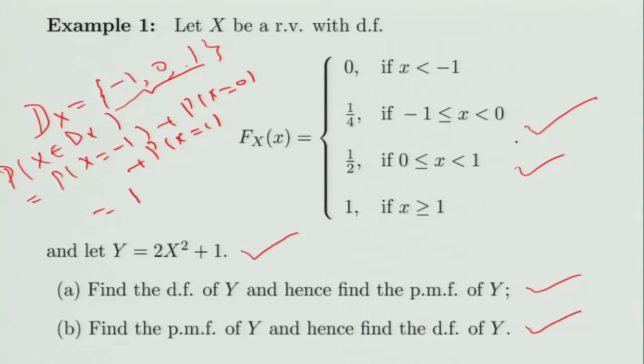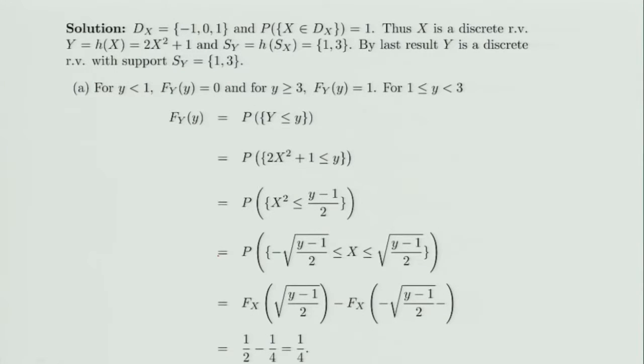Now if X has support -1, 0, 1, finding the support of Y is not difficult. So I look at h of Sx. My h(x) is 2x squared plus 1. So when X is -1, Y takes value 3.